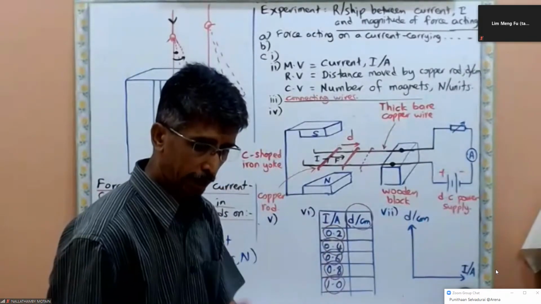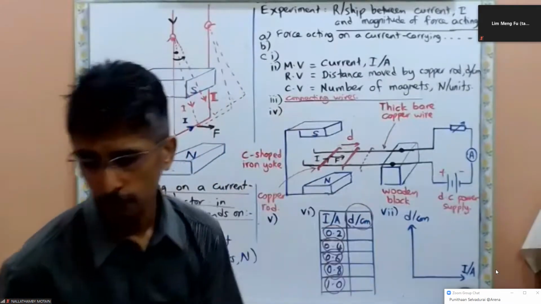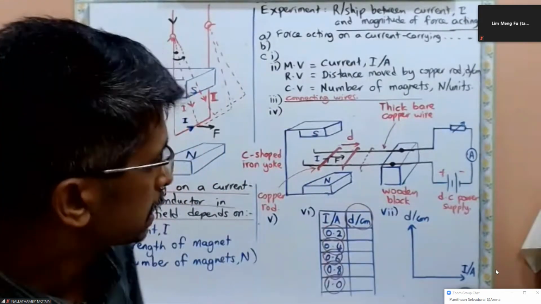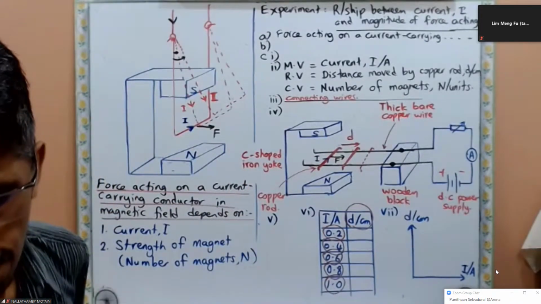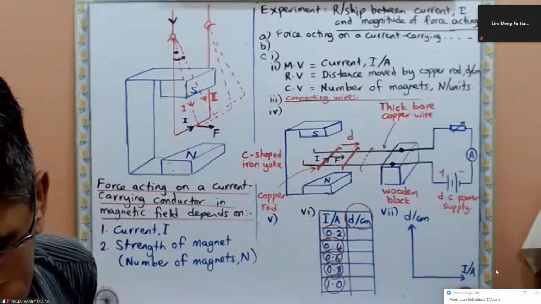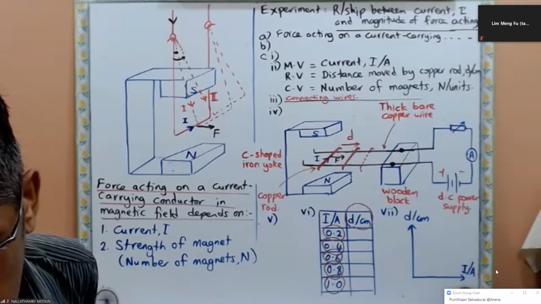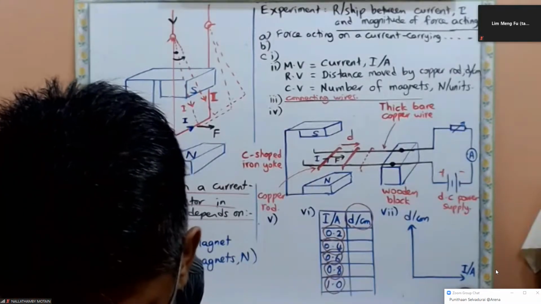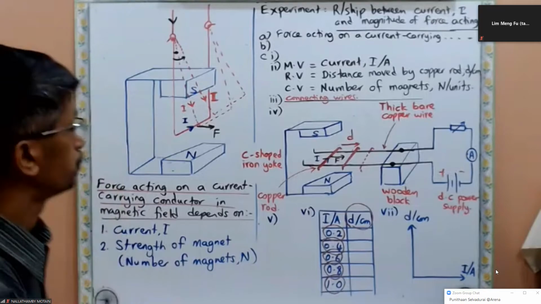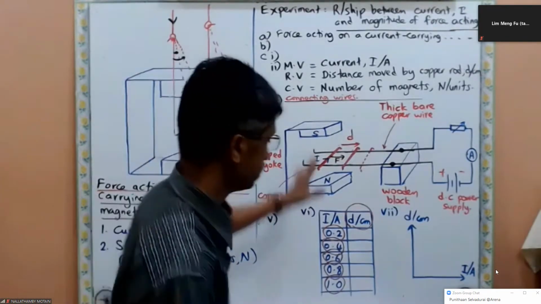Then third, you write here third: place the two magnets as shown in the figure.